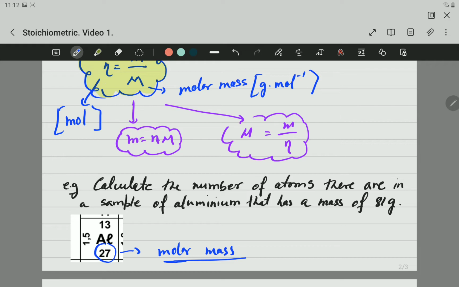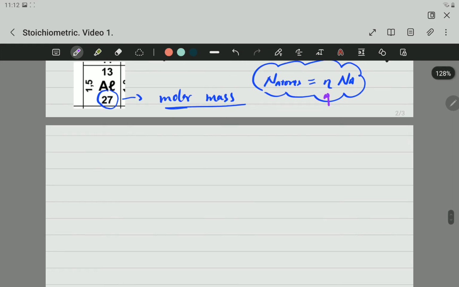Okay, now for this question we first are going to calculate the number of moles. Remember, we're looking for the number of atoms. Now number of atoms is going to be equal to the number of mole multiplied by Avogadro's number, which is given to us. So to do this, what we don't have is the number of mole, and therefore we are going to look for the number of mole.